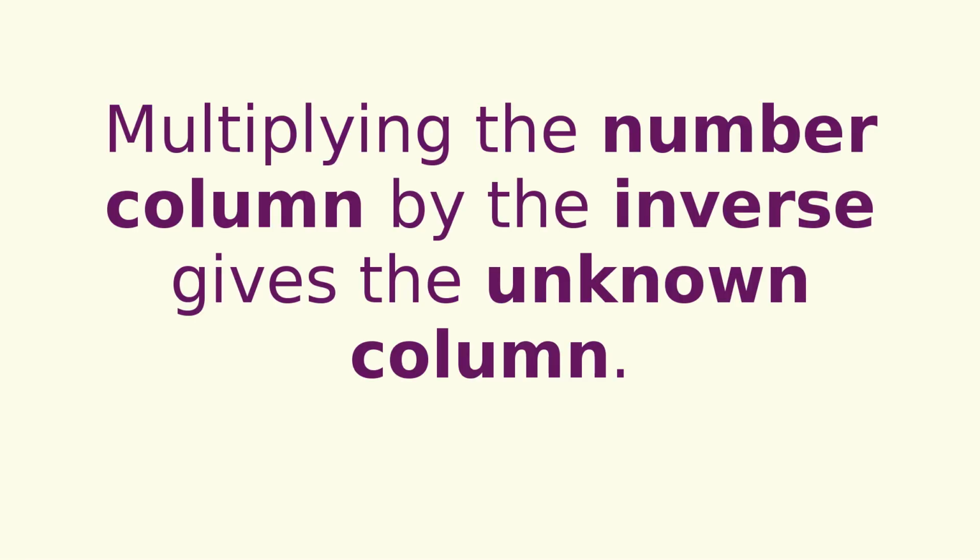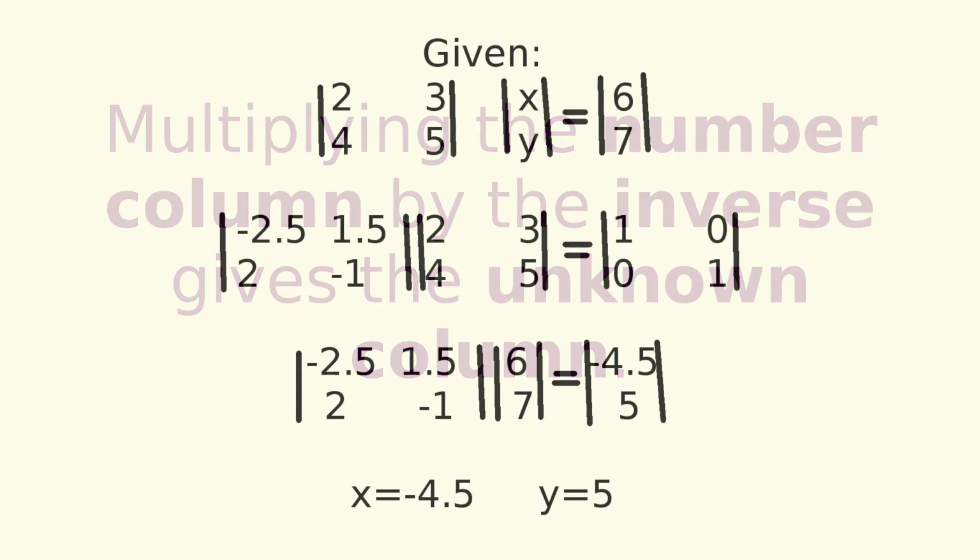Here is the solution of a system of linear equations in one sentence. Multiplying the number column by the inverse gives the unknown column. Here's the whole thing worked out.